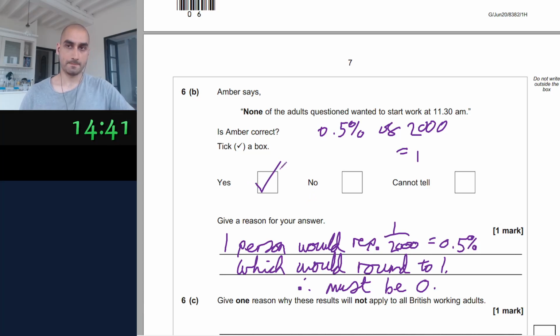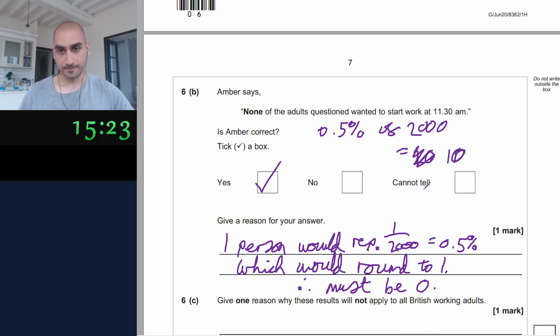She's correct. Hang on. 1% of 2000 is 20. Yes, okay, I've done a stupid mistake here. So 0.5% is 10.